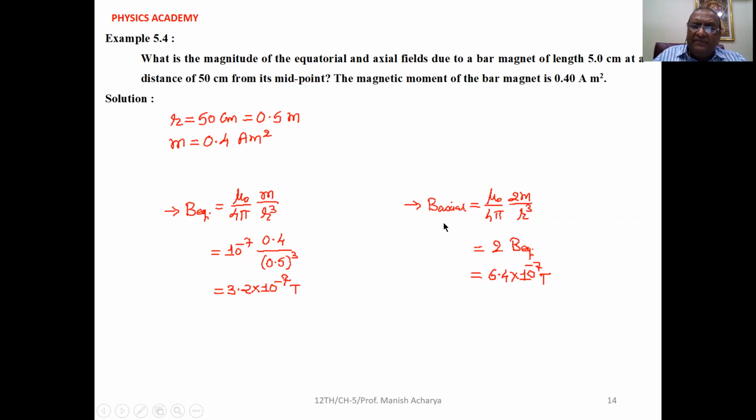So at the same distance on the axis, the field is double that on the equator. So 2 times B equatorial. B equatorial we calculated, multiply this by 2. So your answer will be 6.4 into 10 raised to minus 7 Tesla. Clear?